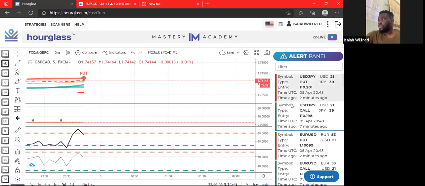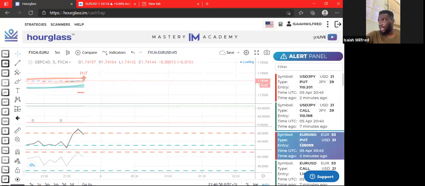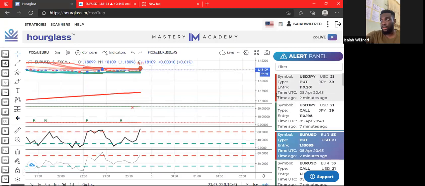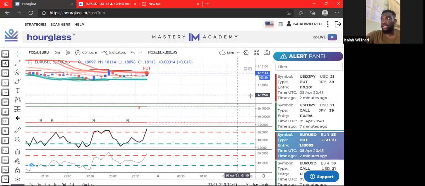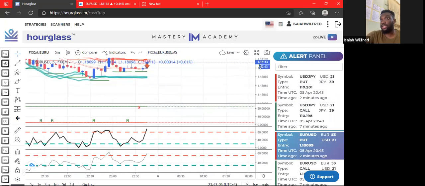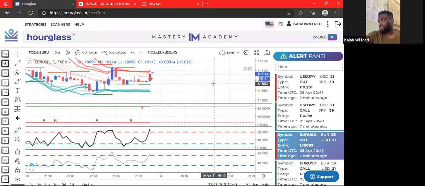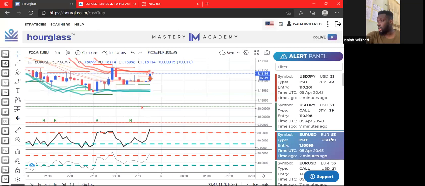Let's say I looked at Euro USD currently, and I want to mark up Euro USD. I see that Euro is actually showing here as 53 and USD is actually 21. That's to tell you that we're supposed to be looking for buy opportunities on Euro USD.